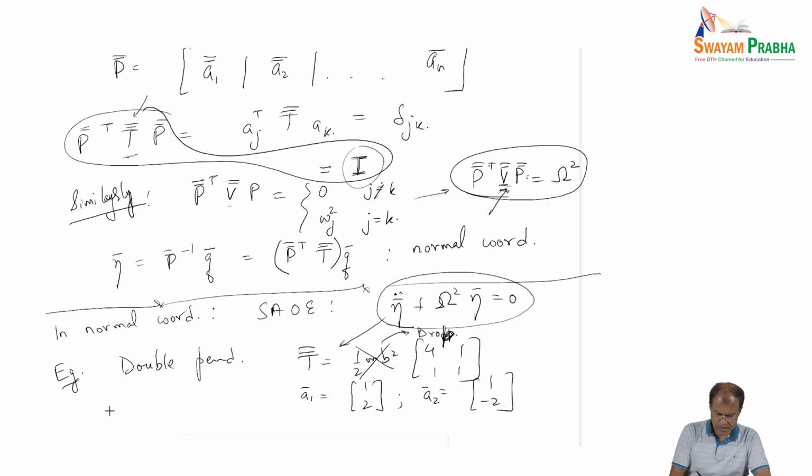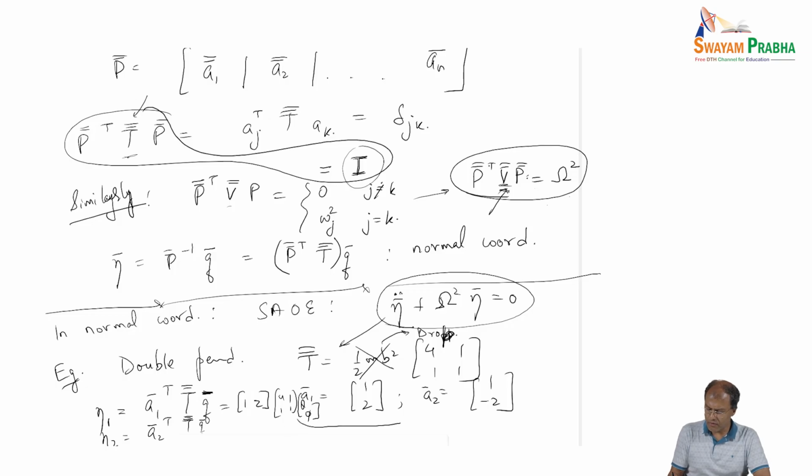Now if we want to find eta 1 and eta 2, the normal coordinates, this will be nothing but A1 transpose TQ, and eta 2 is nothing but A2 transpose TQ. So we see that this is 1 comma 2, the matrix 4 1 1 1, and again Q is nothing but our coordinates theta and phi.